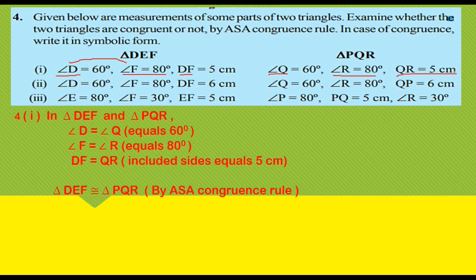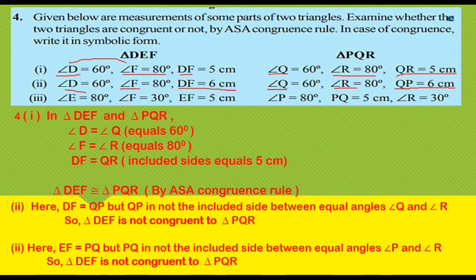Second part. Here if you see, D and F are given. D is equal to angle Q, F is equal to angle R, but the included side DF is 6 centimeter, whereas QP is not the included side. The measurements are equal, but QR should be the included side, whereas it is giving QP, so the triangles are not congruent.